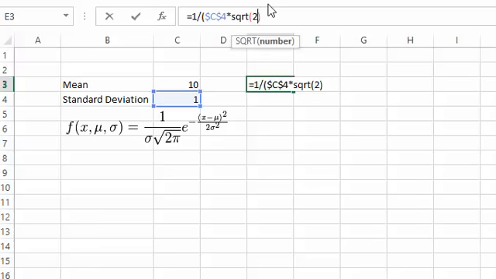Let's just round pi off to 3.1416 right there. That's good enough. Let's not forget our close parentheses.